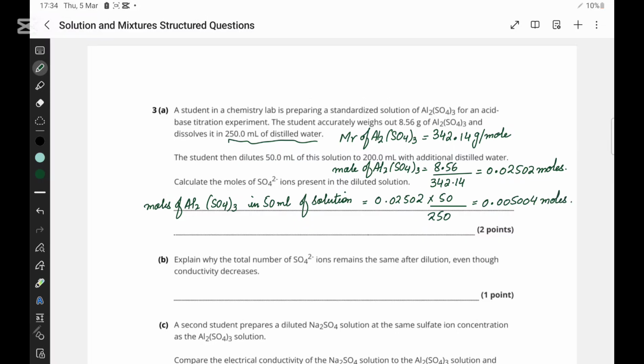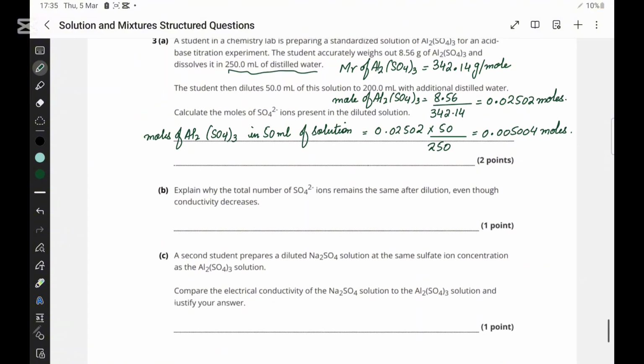In the next question, we also need to calculate the moles of sulfate ion, and we know one thing: Al2(SO4)3 contains 2 moles of aluminium and 3 moles of sulfate ions.